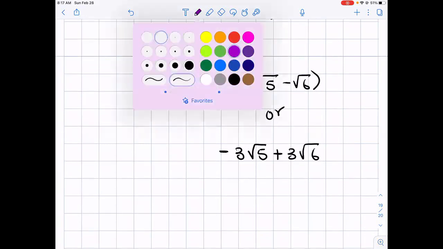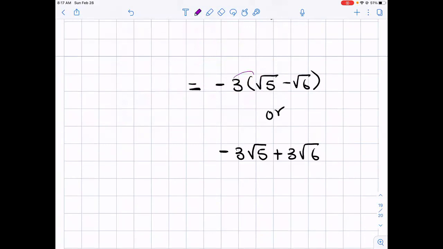Because how do we get the plus? When you distribute, this negative and that negative becomes positive. Okay.